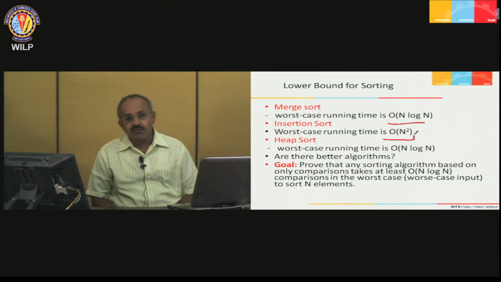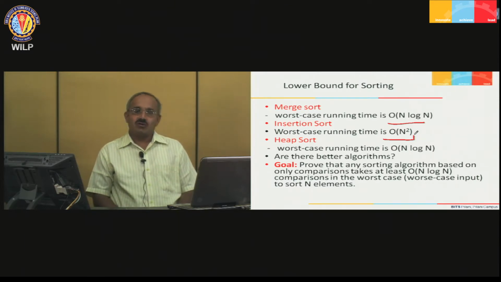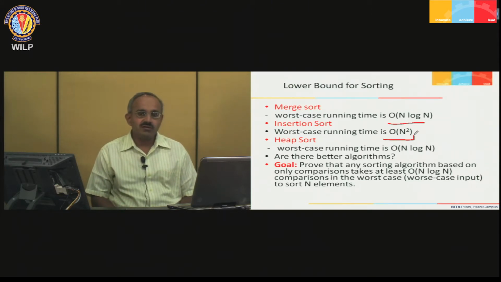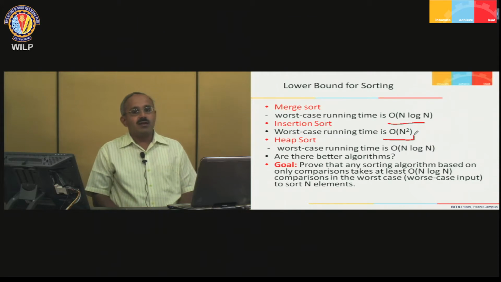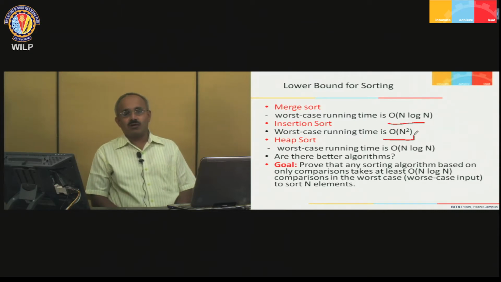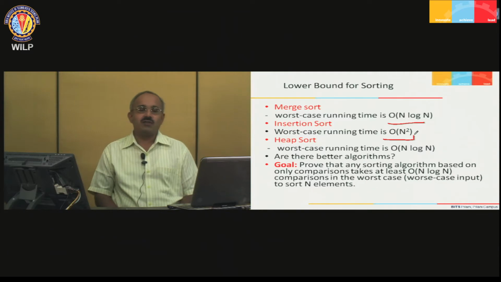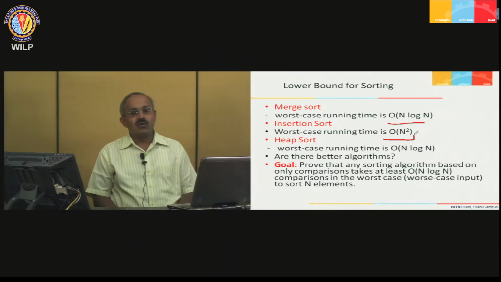So, the aim of this session is to show that any algorithm which will sort a sequence of n numbers and is going to be based on comparison of elements cannot do better than n log n. If you look at all the four algorithms that we looked at, insertion, merge, heap and quick, the algorithms were basically based on comparison of elements.